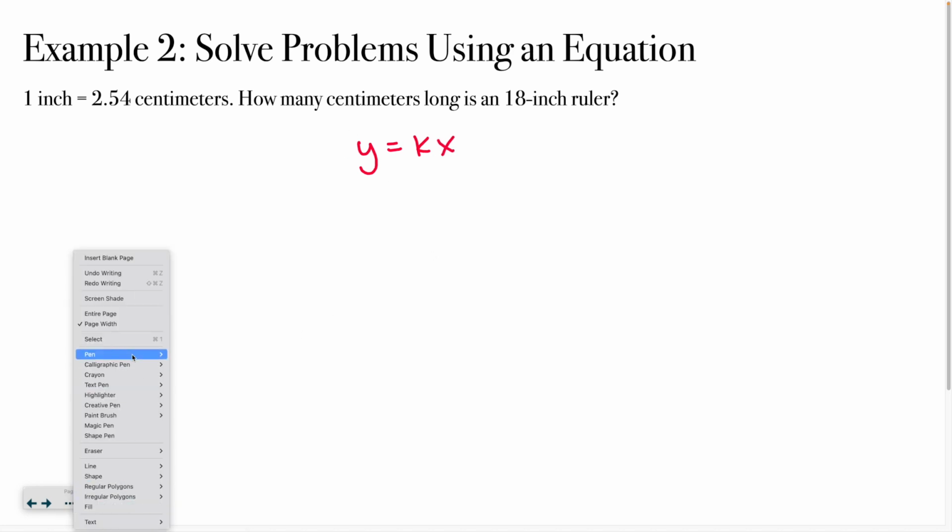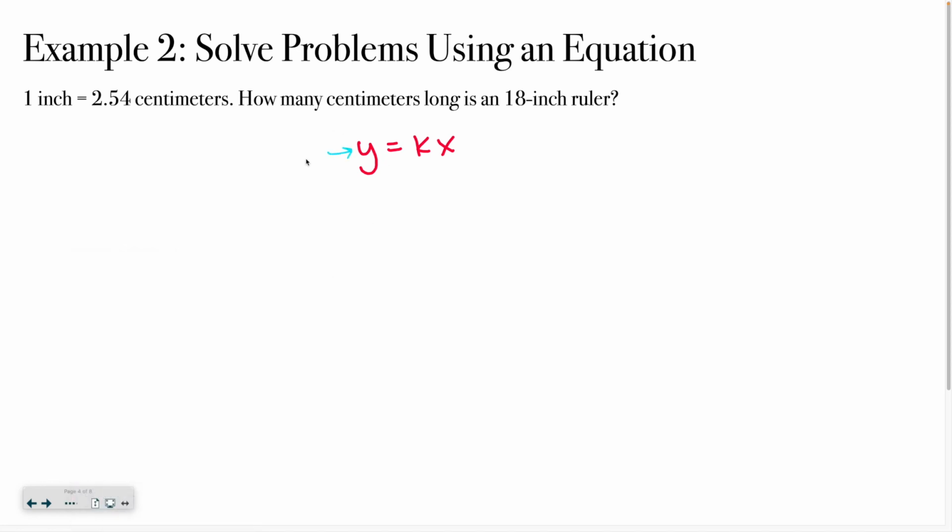And I'm going to say that y is going to represent my centimeters, and then x is going to represent my inches. And then k is going to represent my constant of proportionality, which in this case is going to be 2.54.